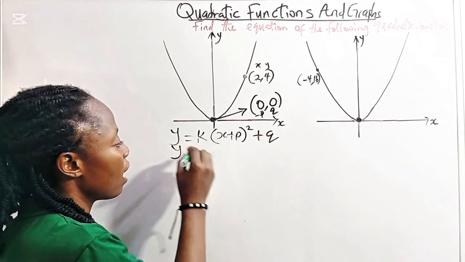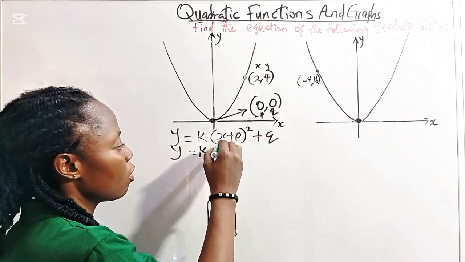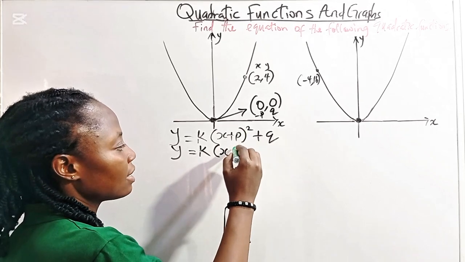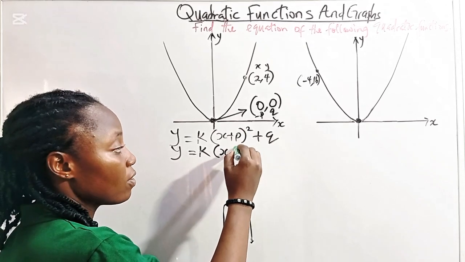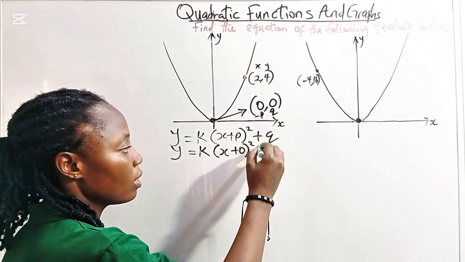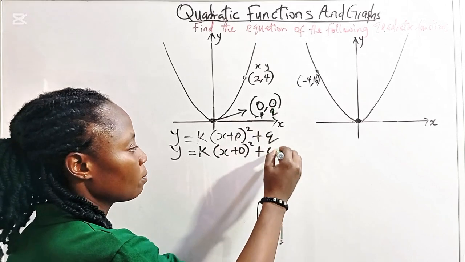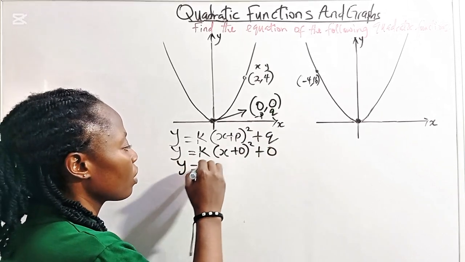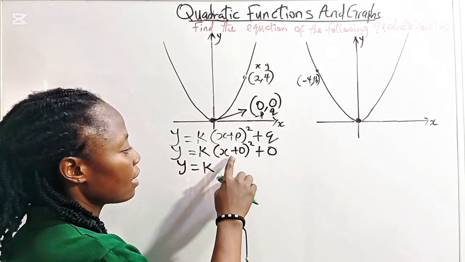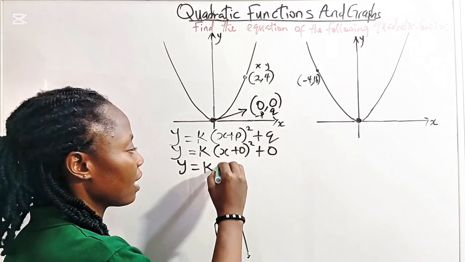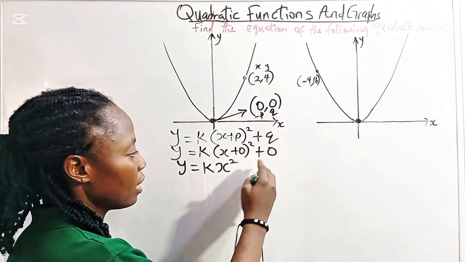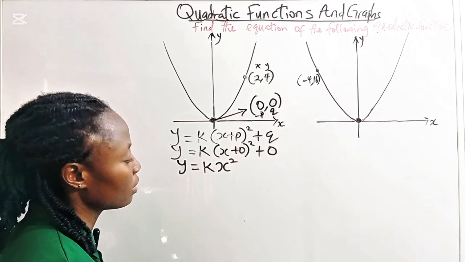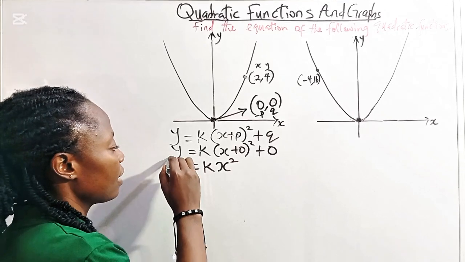So we have y equals k, open the bracket, x plus 0, there's nothing like a negative 0, so it's still 0, squared, plus our q, which is 0. We have y equals k, x plus 0 is still x. So we have x squared, and we don't need to write plus 0 again.